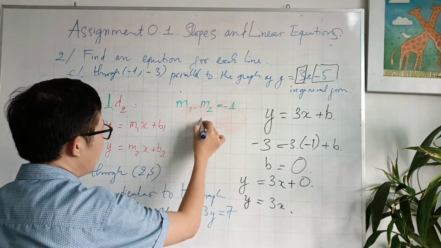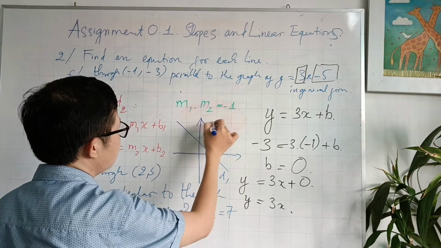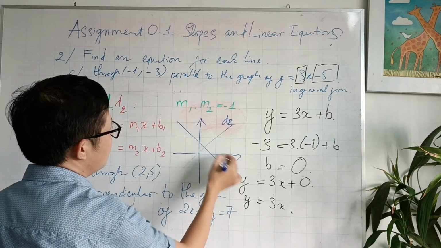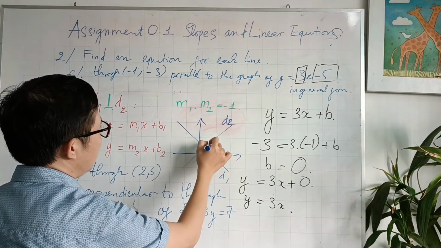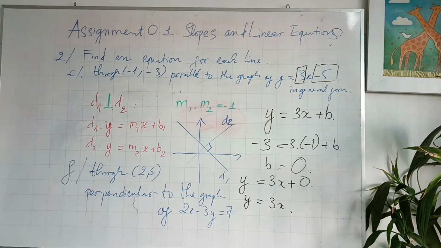We have a coordinate, and we have D1 and D2. Two lines are perpendicular to each other here.